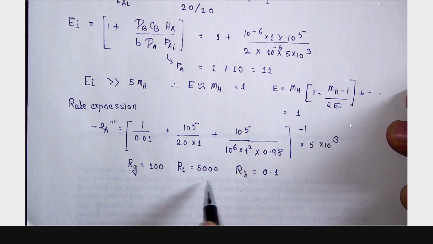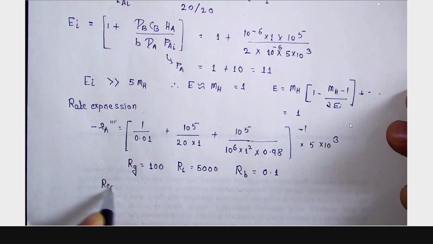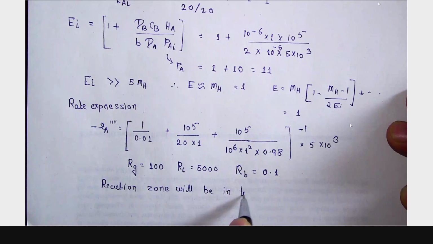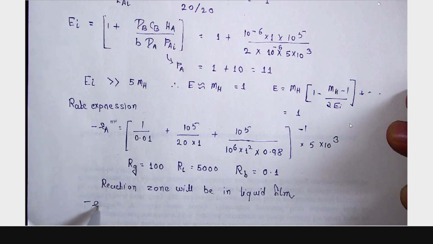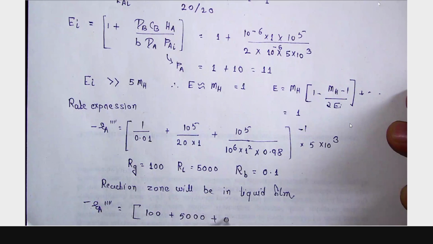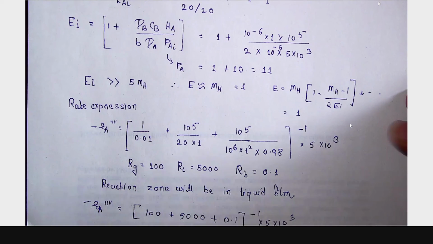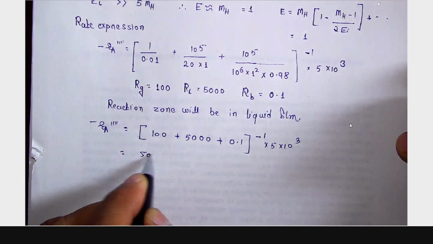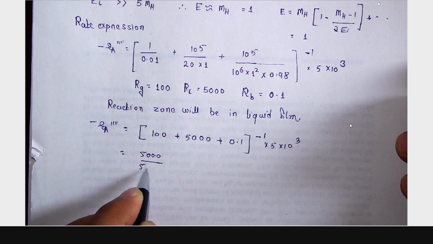So RA you can calculate: 100 plus 5000 plus 0.1 inverse into 5 to 2 to the power 3, or directly 5000 divided by 5100.